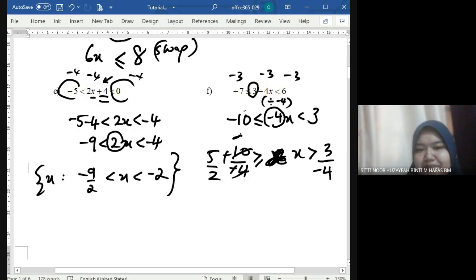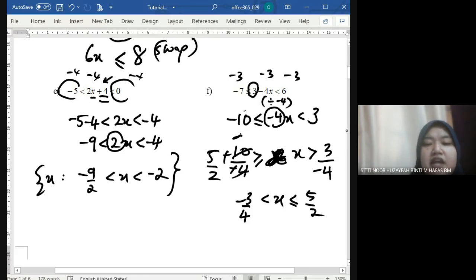Betul tak? Yang ni dapat negatif 3 per 4. So negatif 3 per 4 ni lagi kecil. So it should be negative 3 over 4 smaller than x smaller than or equal to 5 over 2. It should be in this form. Mesti dalam bentuk less than or less than equal. Tak boleh more than. So statement ni sebenarnya salah.